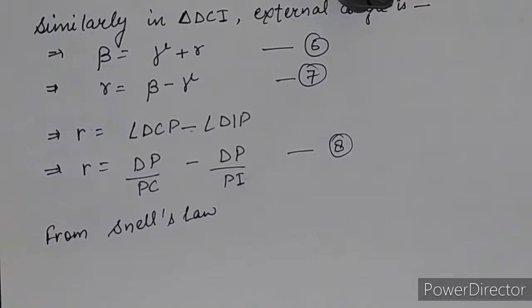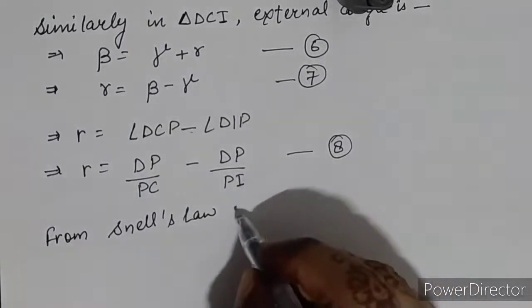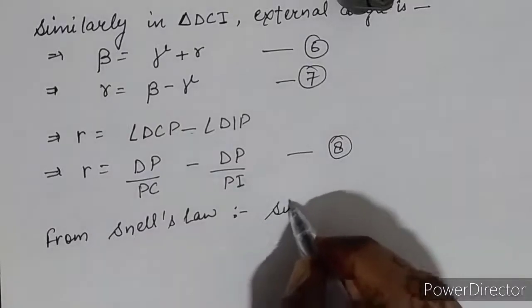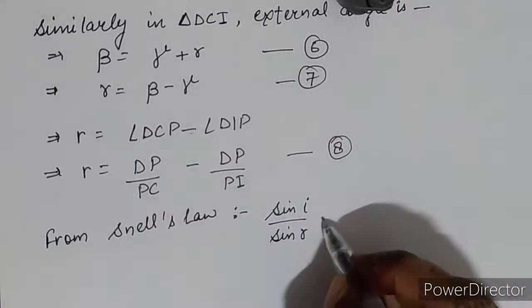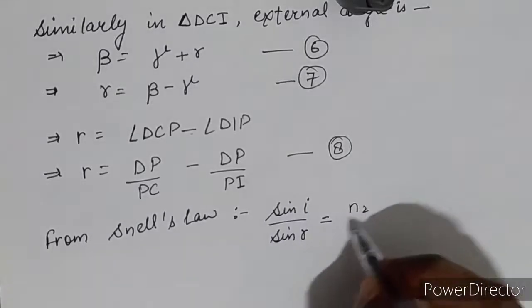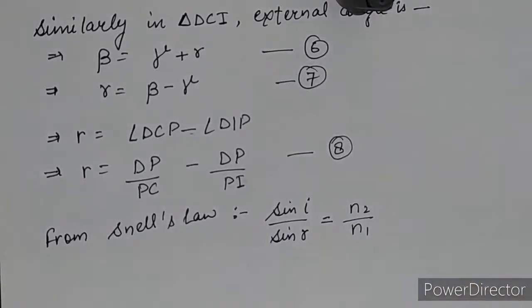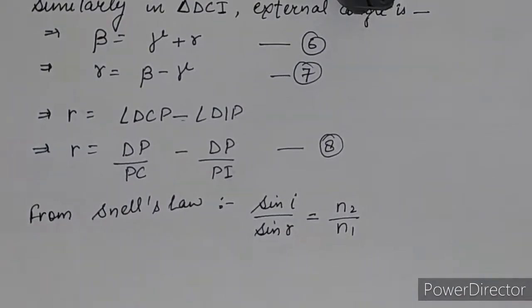That is what we are going to use here. I am writing the formula so you can understand: sine I upon sine R, and this will become n2 upon n1. It will be like this only.